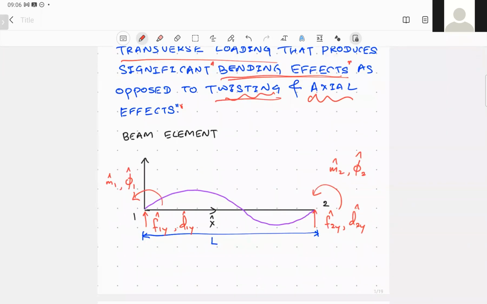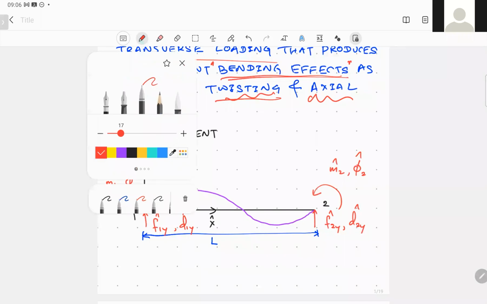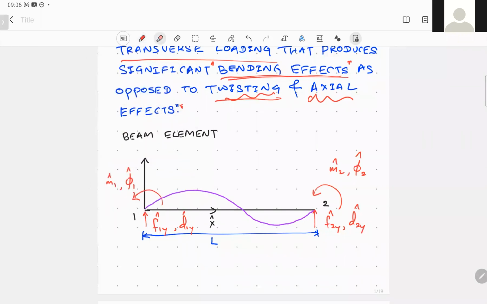To get an idea, let's look at a beam element. Here I have shown a beam element which has already undergone some form of deformation. The purple color shows the beam element, and as previously, we can define a local coordinate system.